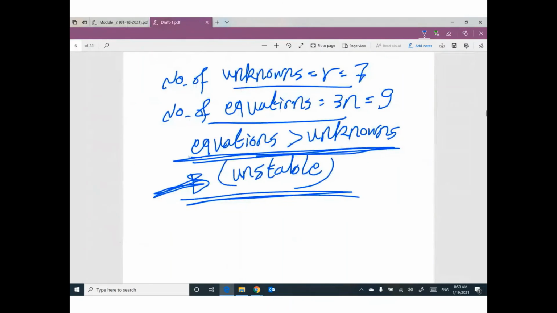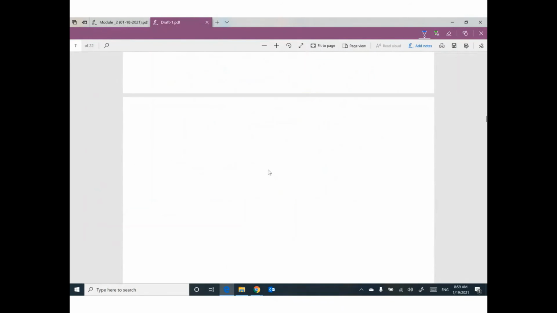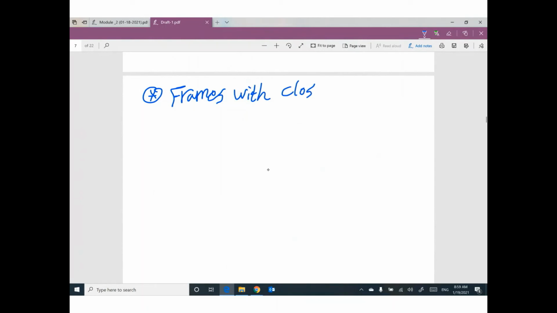Sometimes we have frames with closed loop like this.